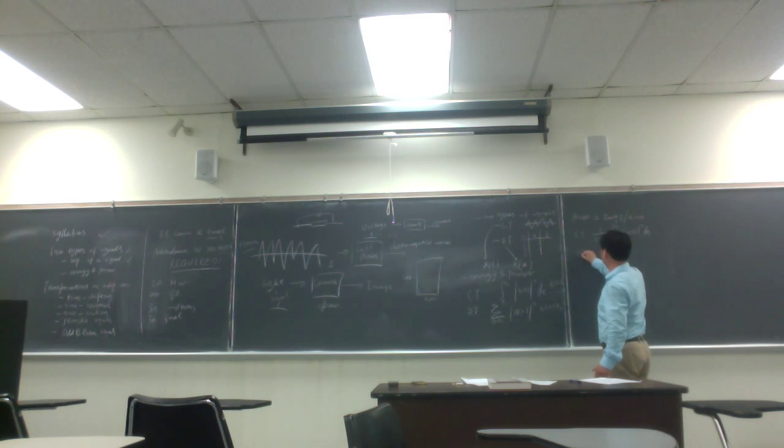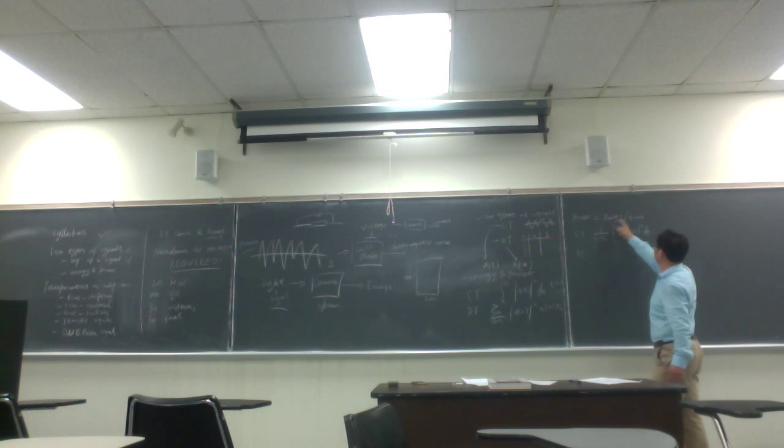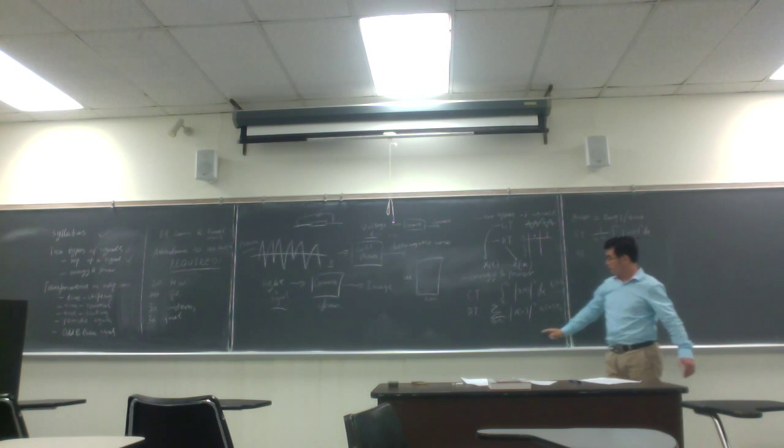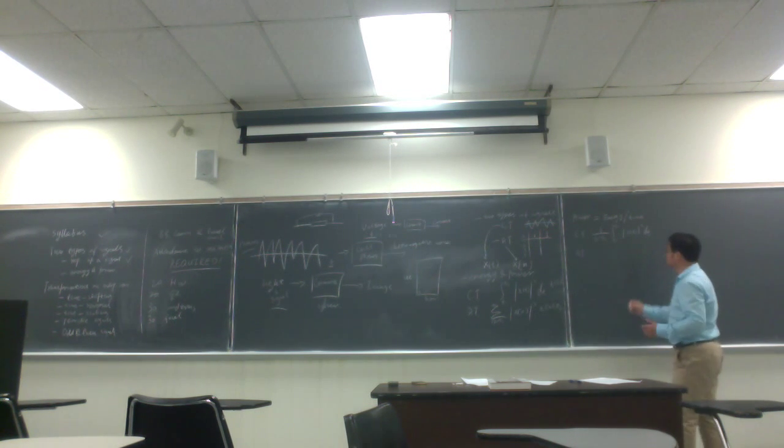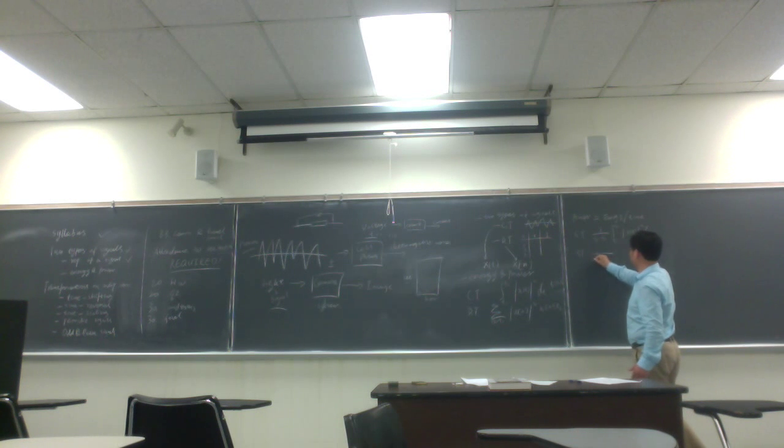And for discrete time, we similarly have energy over time. So now the time is from n1 to n2. How many time samples are there? Right, it's n2 minus n1, and don't forget to plus 1.